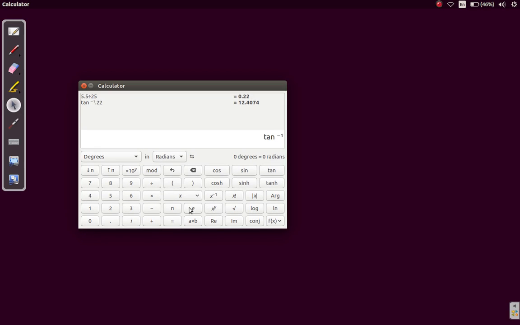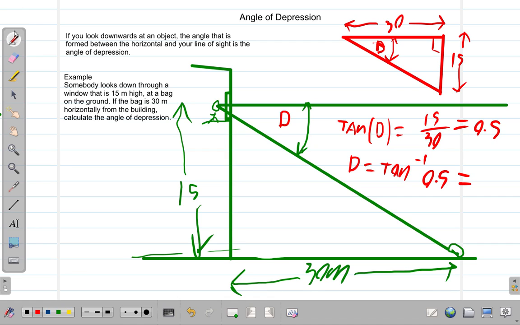Tan inverse of 0.5 equals 26.565. Let's call it 26.6 then. 26.6 degrees. All right? So we find D to be 26.6 degrees. That's our answer there.